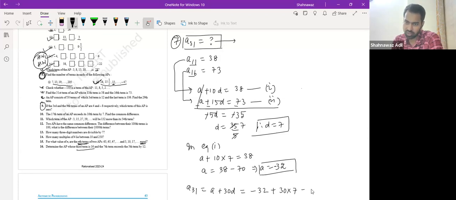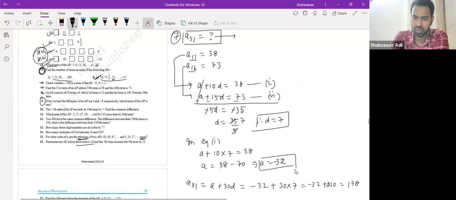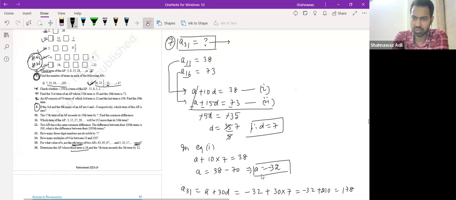So this is minus 32 plus 210. So this would be how much? 210 minus 32 is 178. So A31 equals 178.